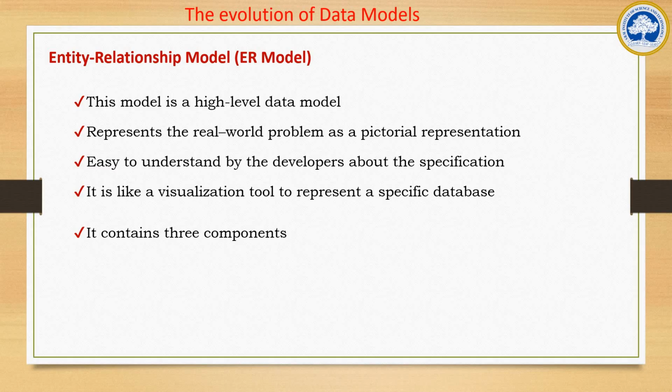The entity relationship model is called the ER model. It's a very simple model because it is a pictorial representation, so it is very easy to understand and develop with the specifications.